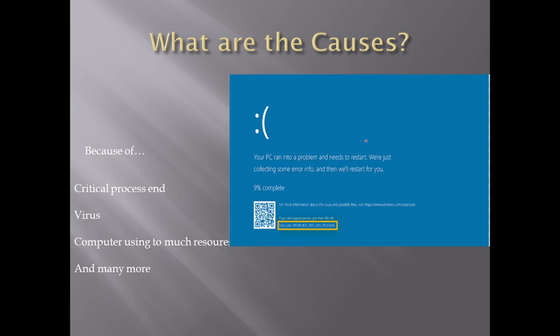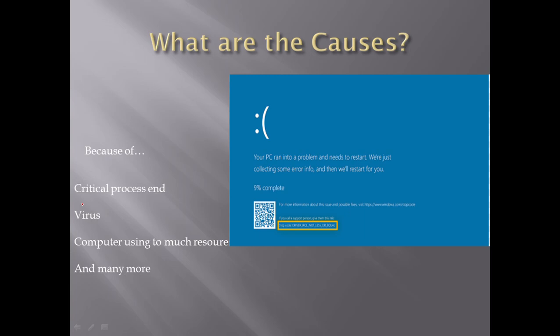Okay, so that's what the causes are. Yes, one more: the computer using too many resources. Like I said, critical process on some things. The computer might be a really old one and need much more resources for other applications.